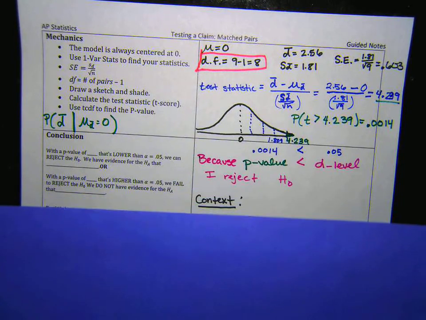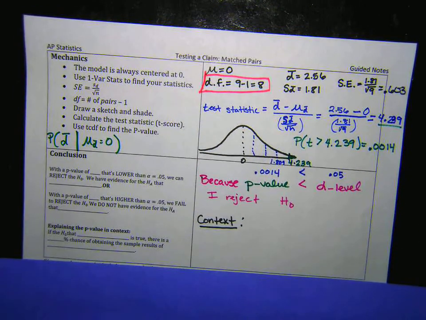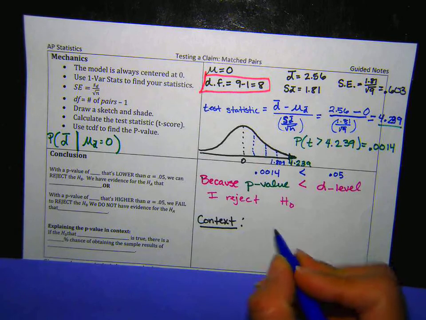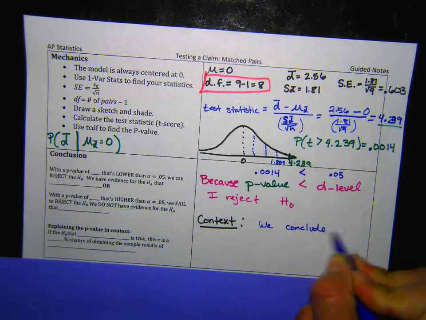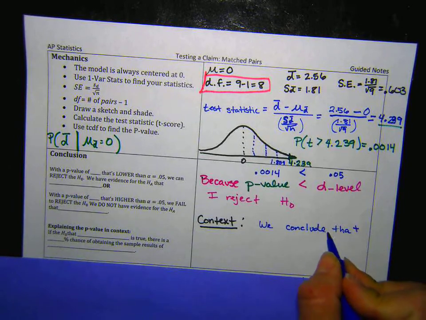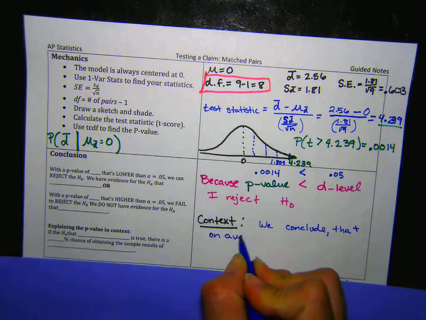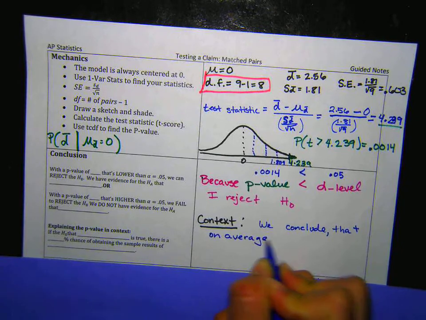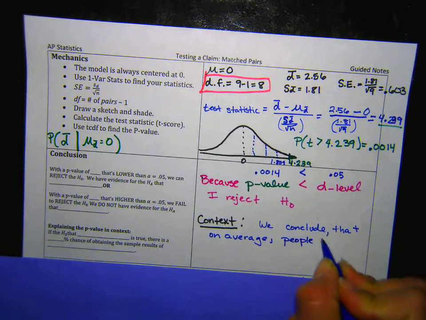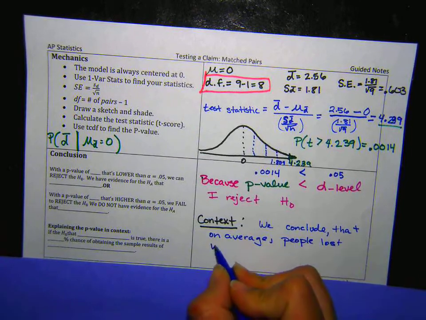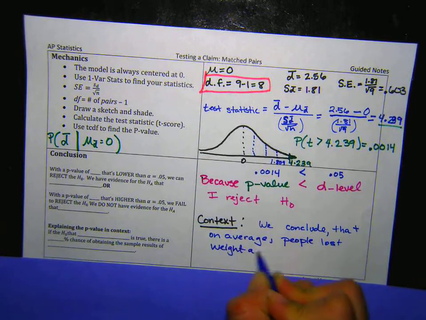So let's think about what that means in context. Okay? So in context, we can conclude that on average, people lost weight after 3 weeks on the program.